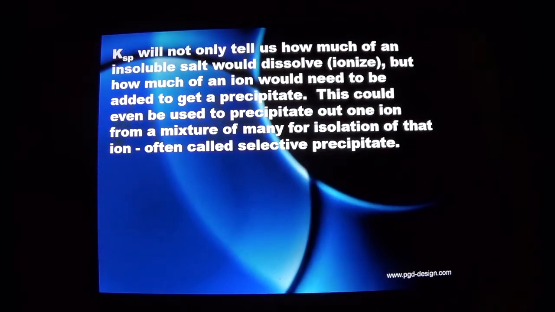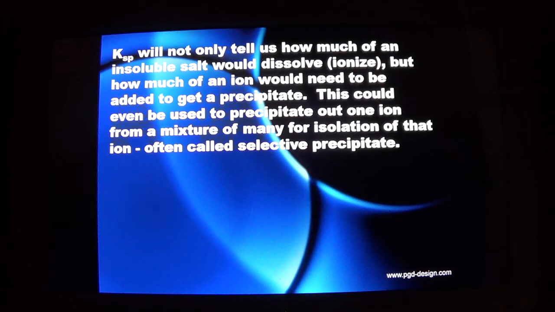So KSP will not only tell us how much of an insoluble salt would dissolve and ionize, but it can also tell us how much of an ion would be needed to get a precipitate. We could even do this to selectively precipitate out one ion from a mixture in isolation from all the others. So we call that selective precipitation.